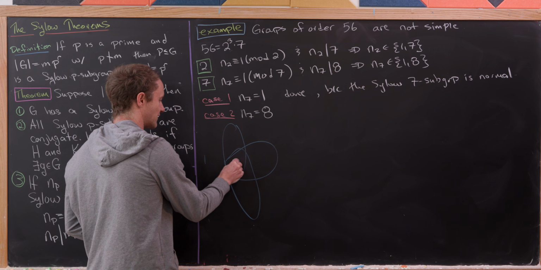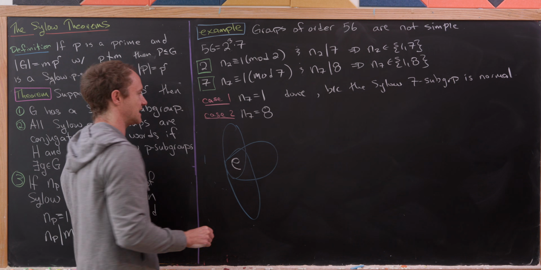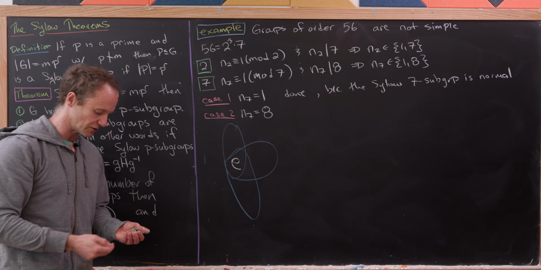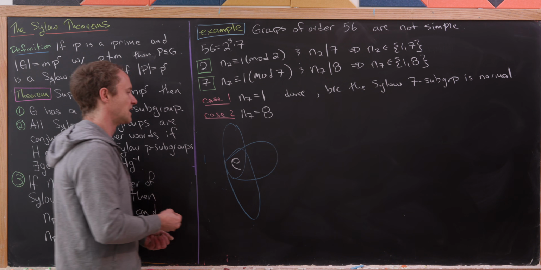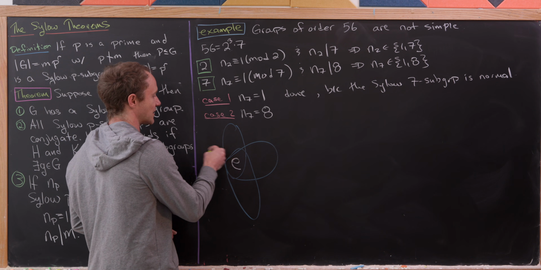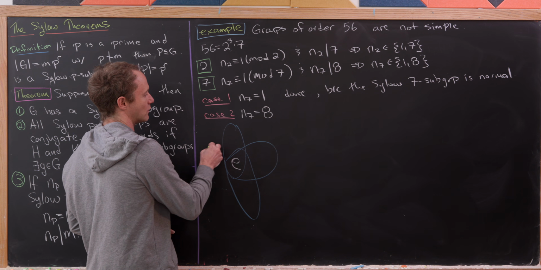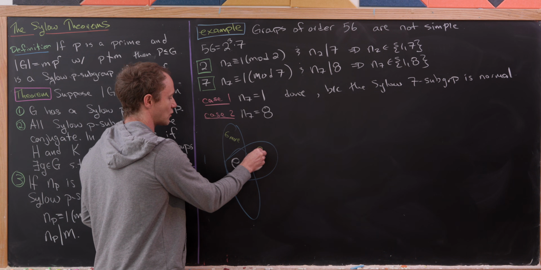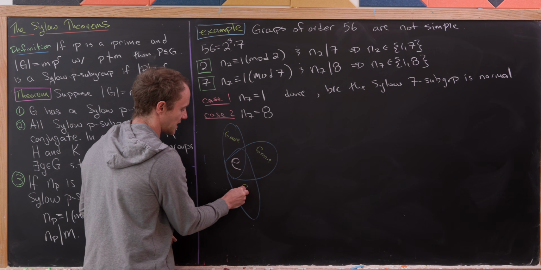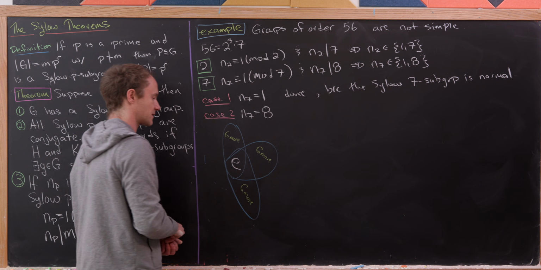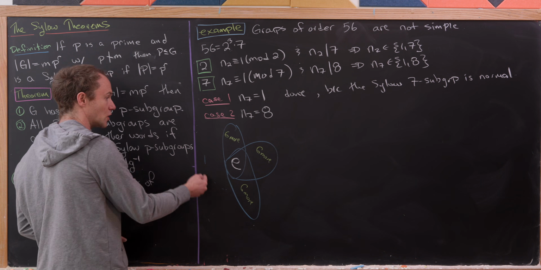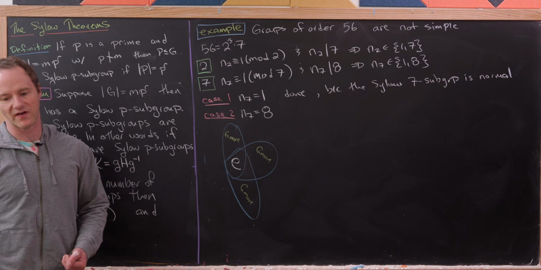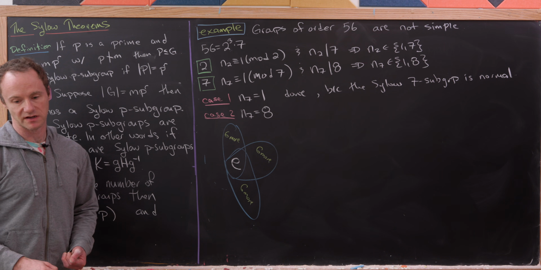The intersection of all of them is simply the identity, and that's because each of these groups is of prime order. And then outside of their intersection, we have 6 more elements. So I'll just put 6 more here, 6 more here, and 6 more here. And then obviously this goes around, for a total of 8 Sylow 7 subgroups.